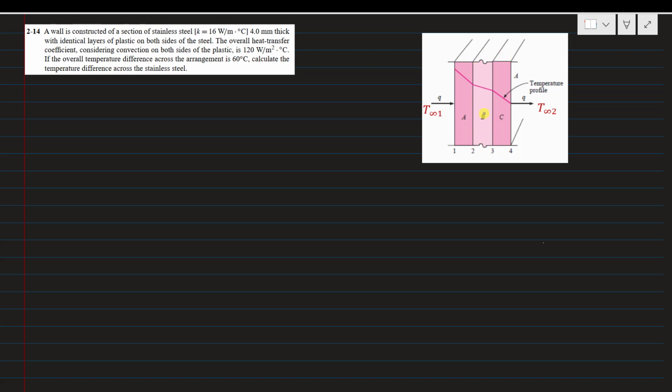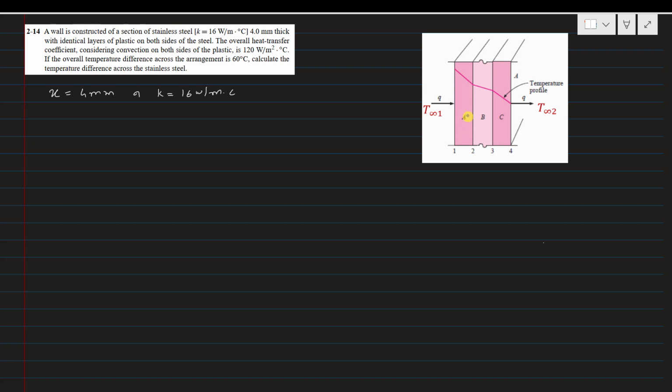This B block is the stainless steel section, and C and A are the plastic attached on both its sides. The thickness of the stainless steel is 4 millimeter, and its thermal conductivity is 16 watt per meter centigrade.